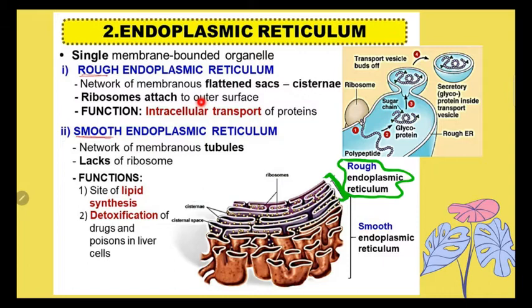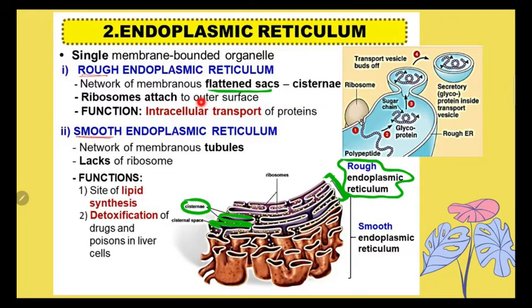It consists of a network of membranous flattened sacs. Kantong yang flatten, yang lepe. All these flattened sacs are called cisternae.